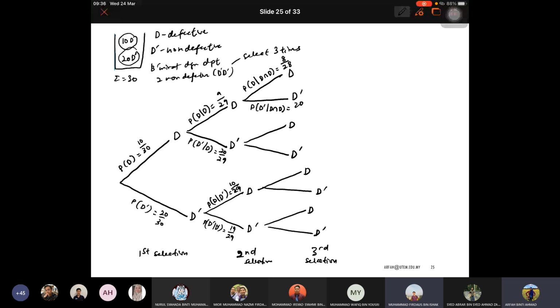Okay, betul. 20/28. So tengok total branches tu akan jadi sama dengan 1. 20 sebab CD yang non-defective masih tak dikeluarkan lagi. So dalam tu masih ada 20 yang non-defective. Okay. So yang ini probability of D given D and D prime.